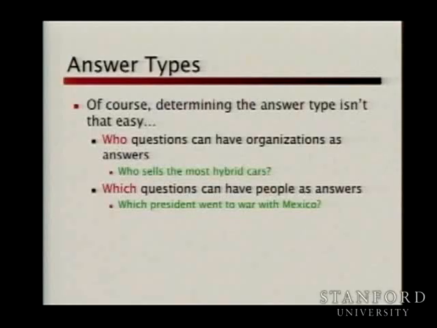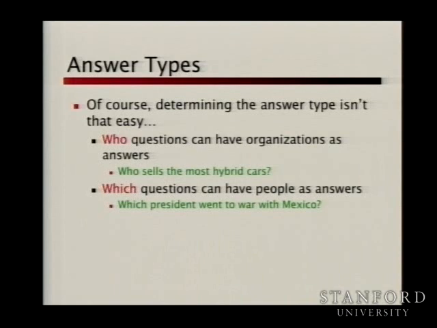Okay, so determining the answer type isn't trivial. The first level is that who questions ask for a person, and how many questions ask for a number, and things like that. But there's quite a lot of subtlety in how questions get asked and what they're asking for.